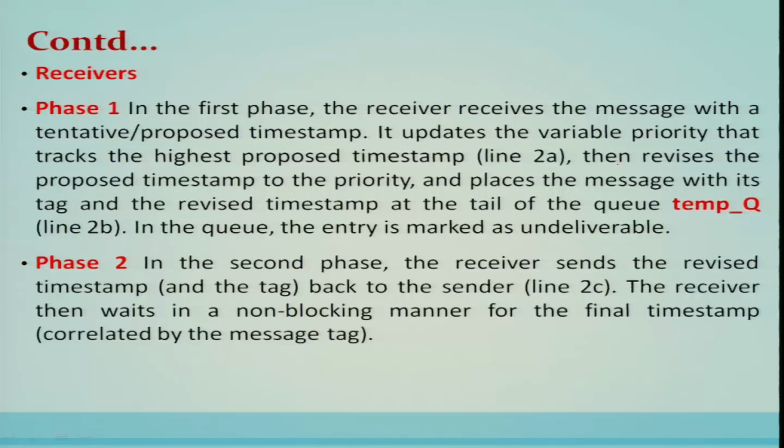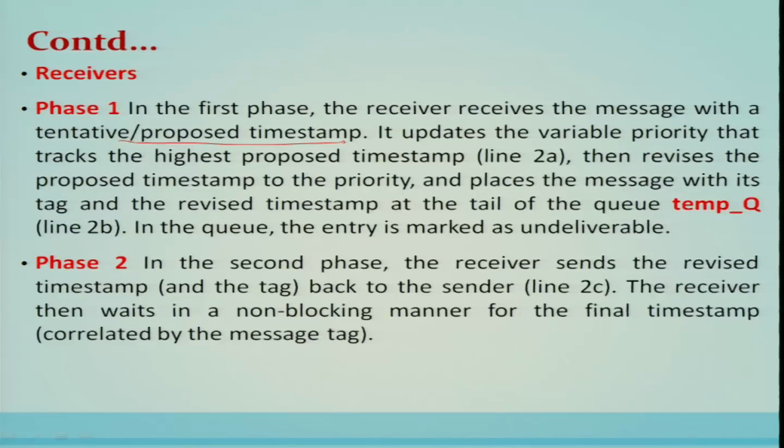So, in phase 1 the receiver receives the message with a tentative proposal timestamp which is sent by the sender. It updates the variable priority that tracks the highest proposed timestamp, then revises the proposed timestamp to the priority, and places the message with its tag and revised timestamp at the tail of the queue. In the queue the entry is marked as undeliverable.